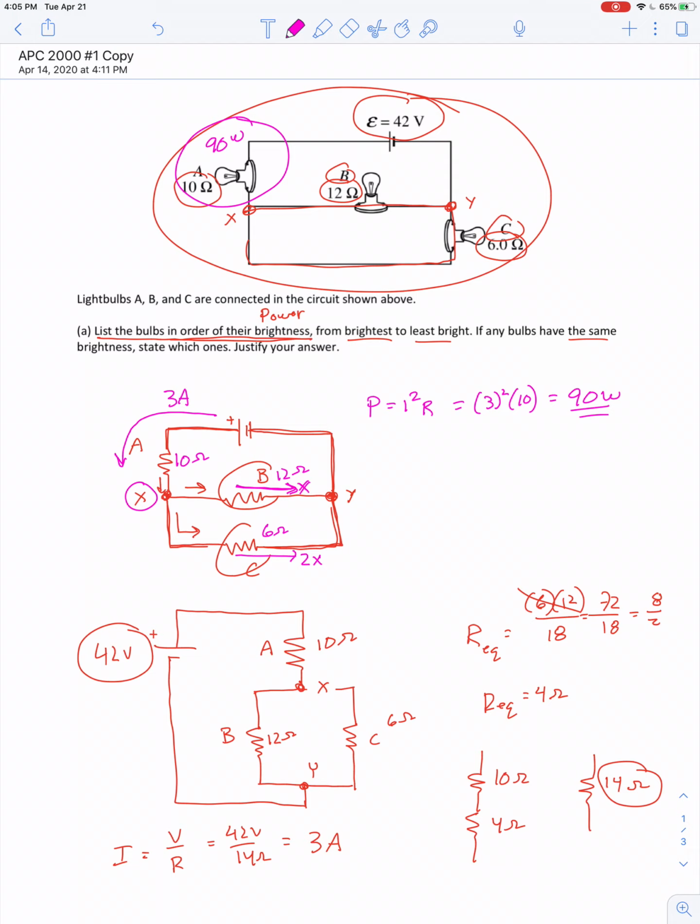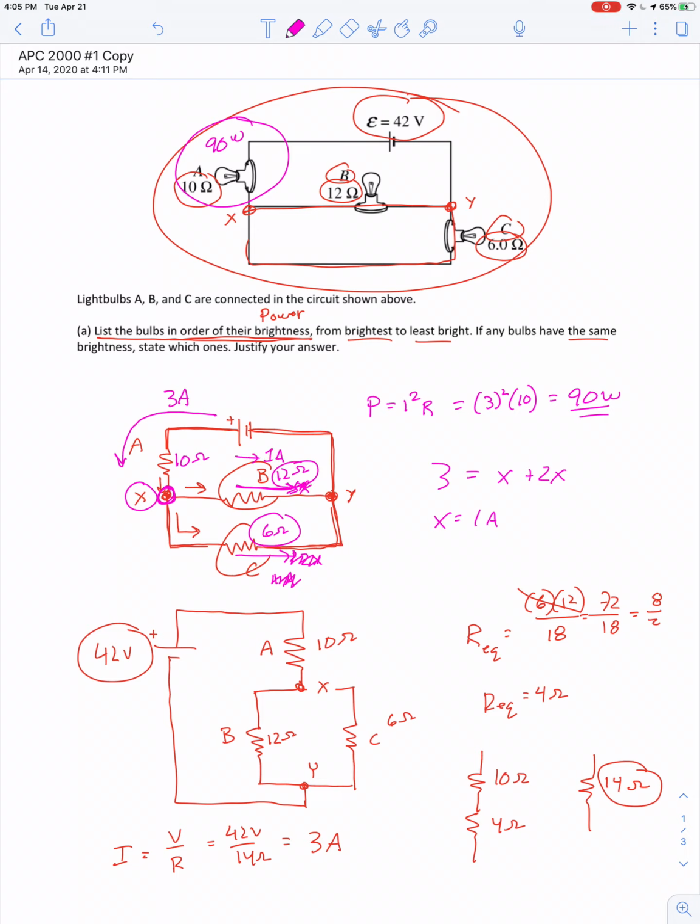With half the resistance, you're going to get twice the current. So by applying Kirchhoff's junction rule to junction X, 3 amps flows in, and then that has to equal X and 2X flowing out. Oh, 3 equals 3. So X is equal to 1 amp, meaning 1 amp flows through the 6 ohm resistor, and, oh, I'm sorry, X is equal to 1 amp. So I've got that backwards.